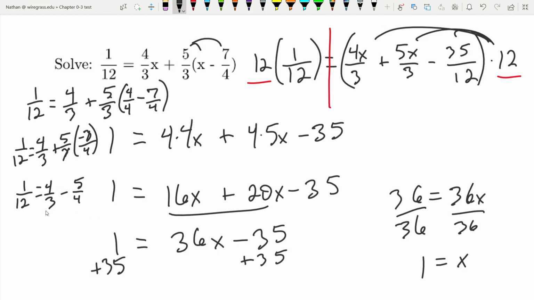And now I just need to have common denominators here. So I'm going to multiply this one by 4 over 4, and this one by 3 over 3, so that they have 12 in the denominator. 16 over 12 minus 15 over 12, and that does in fact give us 1 over 12. So this is definitely the correct solution.